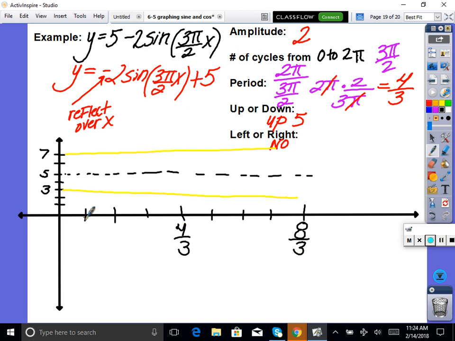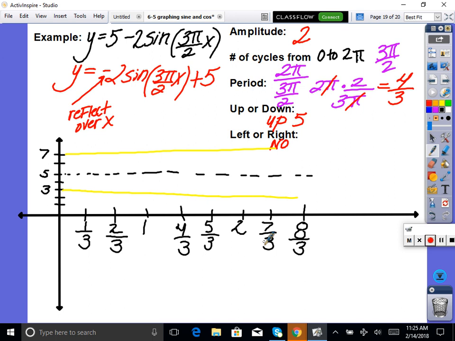Right here. Oh, you're saying this is 2/3? Okay. So look, this is 1/3. So then look how easy. 1/3, 2/3, 3/3, 4/3, 5/3, 6/3, 7/3, 8/3. Okay, we have our x-axis labeled.